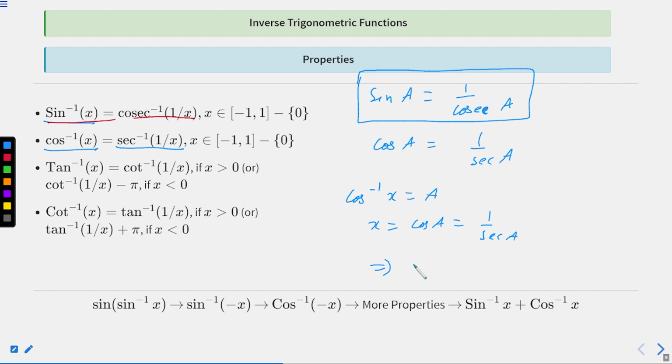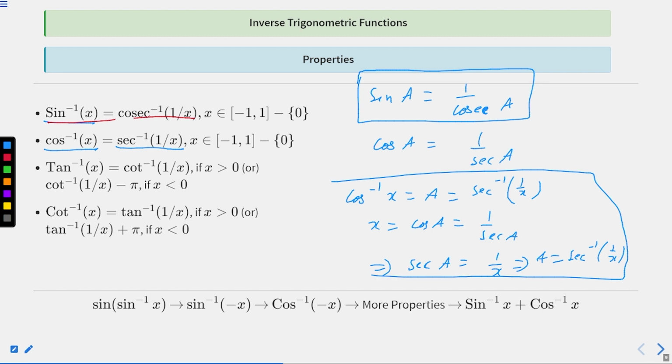From this, sec a is equal to 1 upon x, and so a is sec inverse 1 upon x. So cos inverse x is sec inverse 1 upon x. Proved.